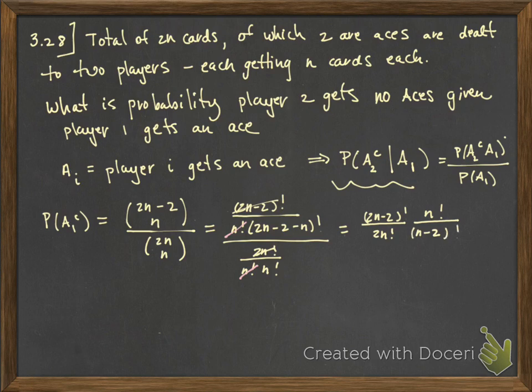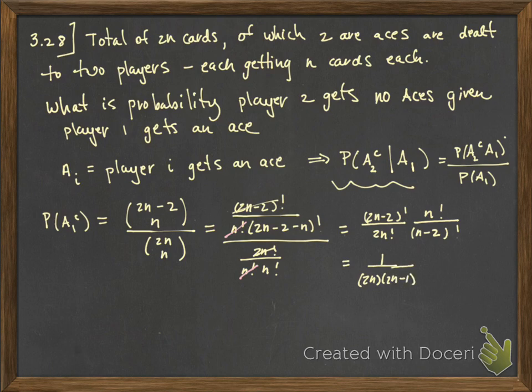It's tempting to cancel those n factorials, but that's going to cause some problems. So what I'm going to instead do is reduce these 2n's. So this becomes 1 over 2n times (2n minus 1).